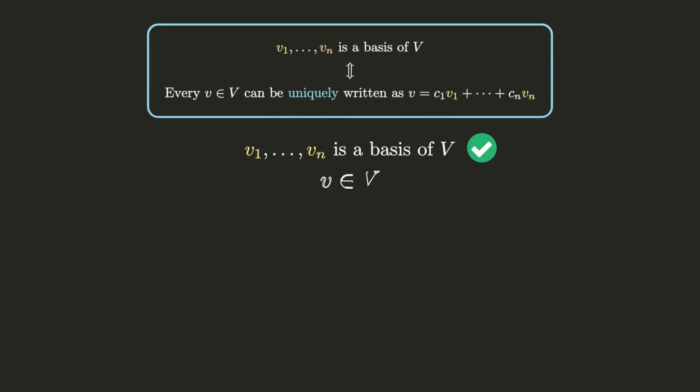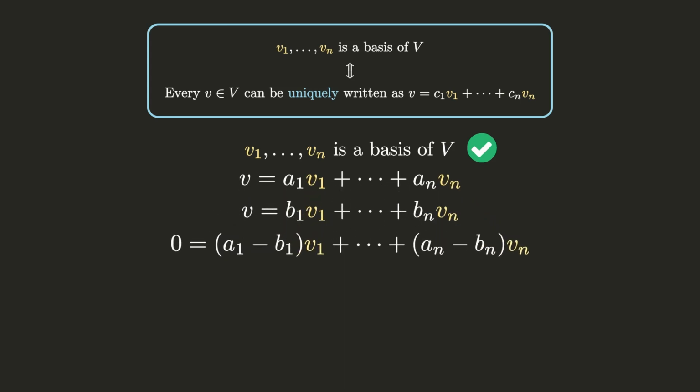Let's assume V is a vector in the space. By definition, our basis can span V, so we know V can be written as a linear combination of the basis, but we don't know if this representation is unique. So let's assume some other representation also exists. Now taking the difference of the two equations gives us this equation.